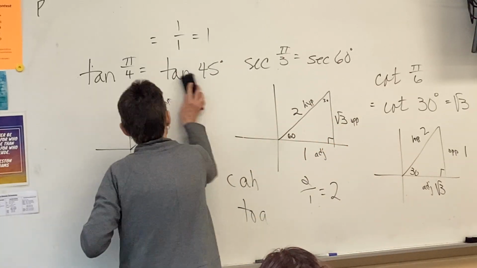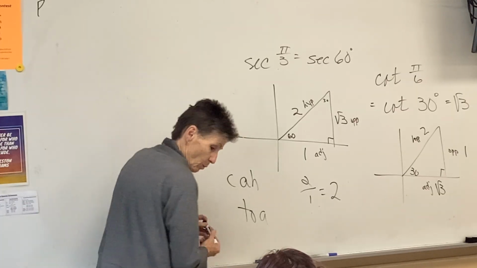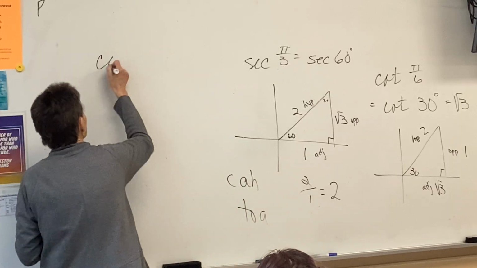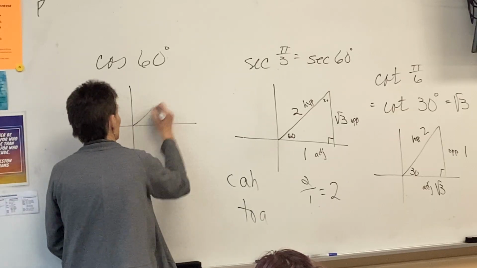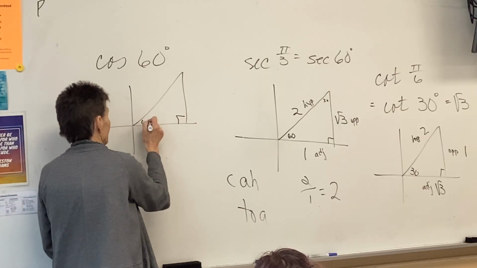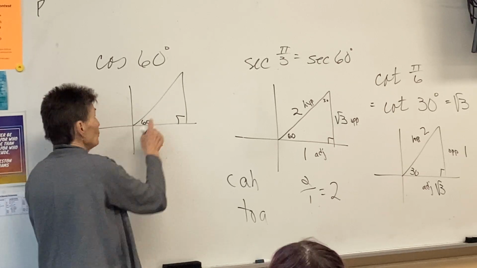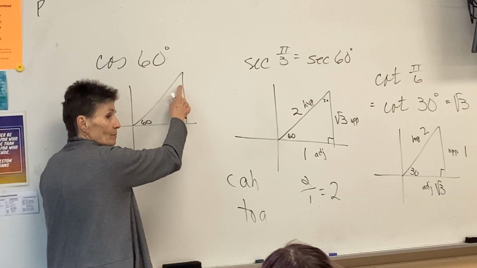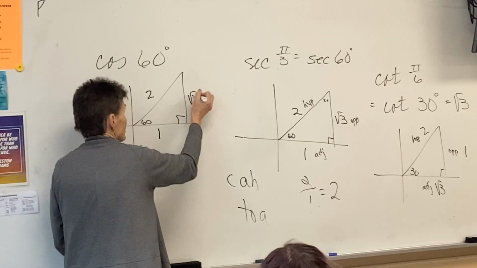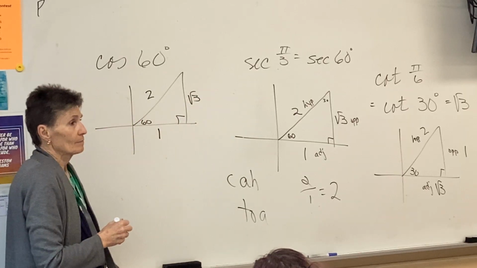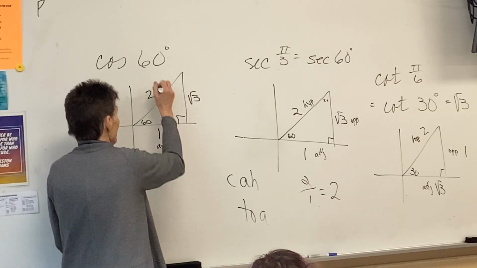We're checking F. We're finding the cosine of 60. In that triangle, would you agree that the 30 is up here? So that's the 1. This is the 2, and this is the root 3. I want cosine, which is adjacent over hypotenuse.